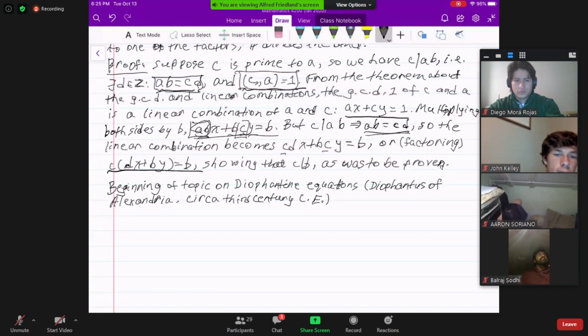And he considered only equations or solutions to equations with integral values. Basically nothing is really known about him personally, not even his nationality. Alexandria had a major university and library that was Greek, but it was also in Egypt and Africa.